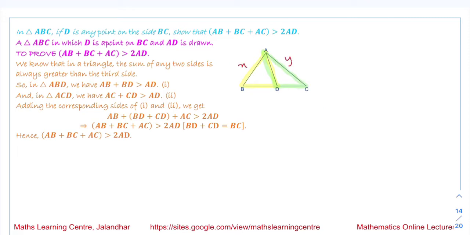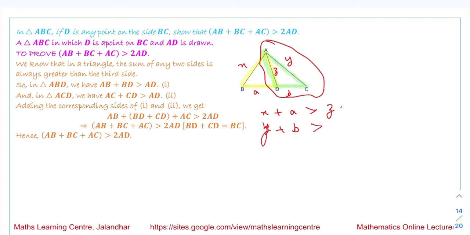Suppose this length is X, this is Y, and suppose this length is Z. Suppose the other two lengths are A and B. If we look at triangle ABD, the sum of the two sides, X plus A, is greater than Z. And when we look at triangle ADC, Y plus B is greater than Z. Now if we add these two inequalities, we get X plus Y plus A plus B is greater than 2Z.